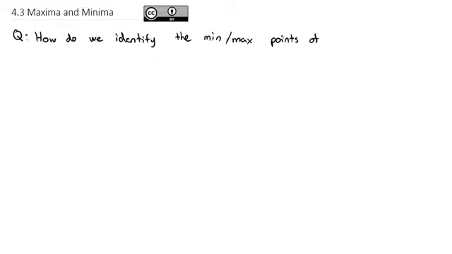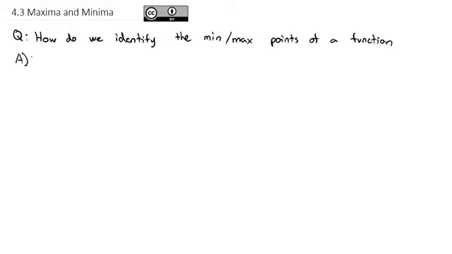One of the most important things the derivative can tell us is where the minimum and maximum points are on a function. So that's the question we're going to look at today: how do we identify the minimum or the maximum points of a function?